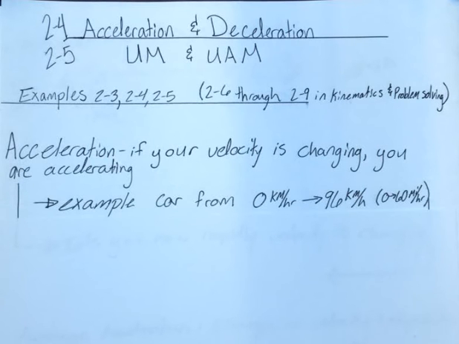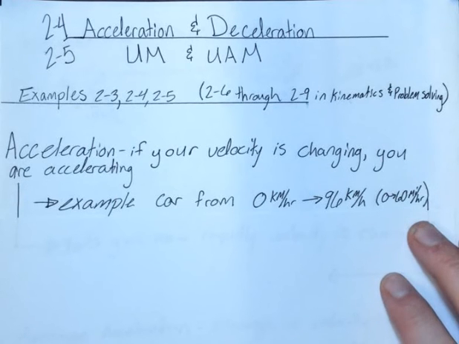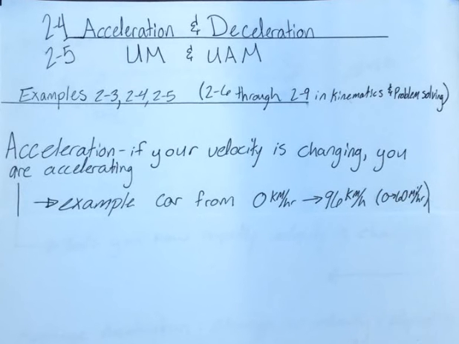One example of this, a popular example, would be a car that is able to accelerate from 0 kilometers per hour to 96 kilometers per hour. In our English system, that would be 0 to 60 miles an hour. That should sound somewhat familiar because just about any car commercial that you've ever listened to talks about a car's ability to accelerate from 0 to 60 in some amount of time.